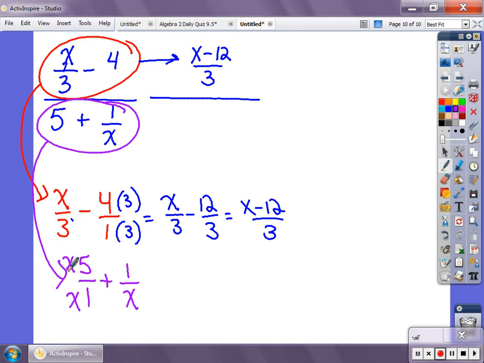Apologize for the noise outside. We'll get 5x over x plus 1 over x, and that equals 5x plus 1 all over x. And so that is what replaces your big denominator.